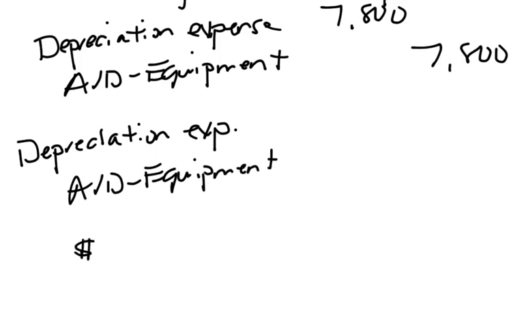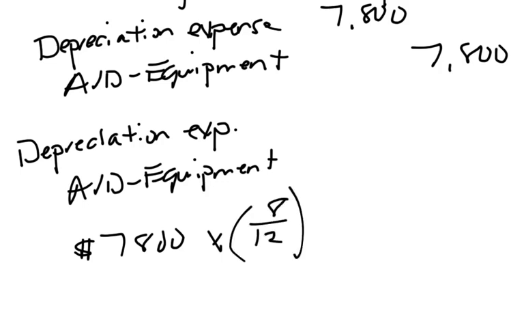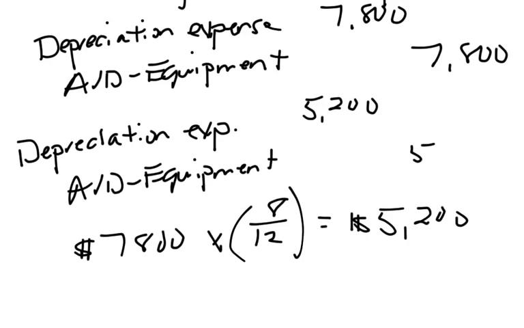But that $7,800 was for 12 months. I only need it for May 1st onward: May, June, July, August, September, October, November, December. That's 8 months, so I need 8/12. That comes to $5,200. That's the amount I'm going to take this year because it was a partial year. I didn't own that equipment all 12 months, so I can't take the full $7,800. In that case, we have $5,200 as the amount of the adjusting entry.